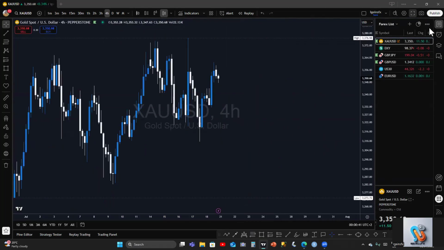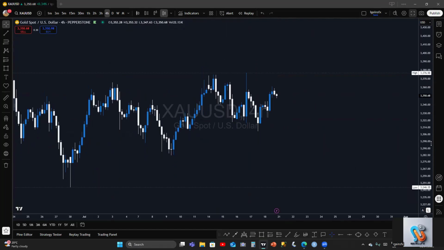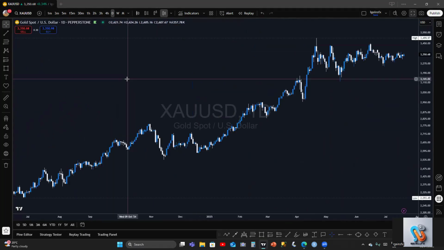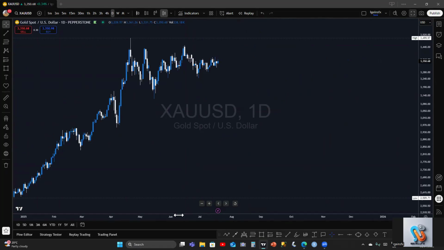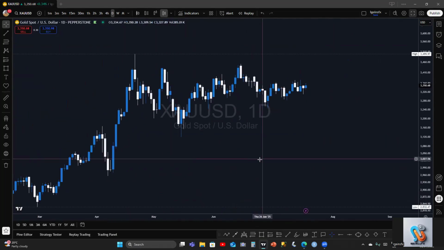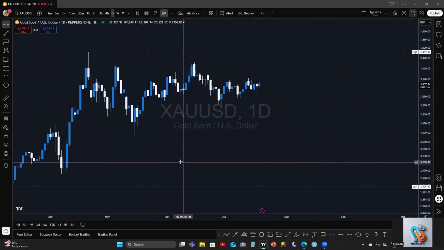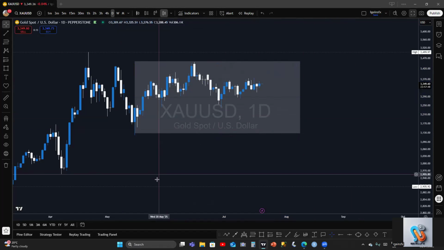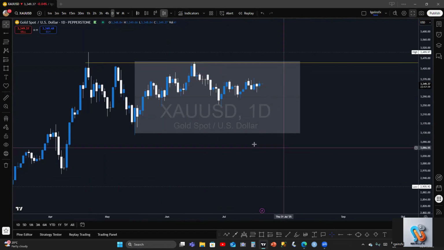Then the last but not the least is Aussie, that is gold USD. There is a resistance here already.